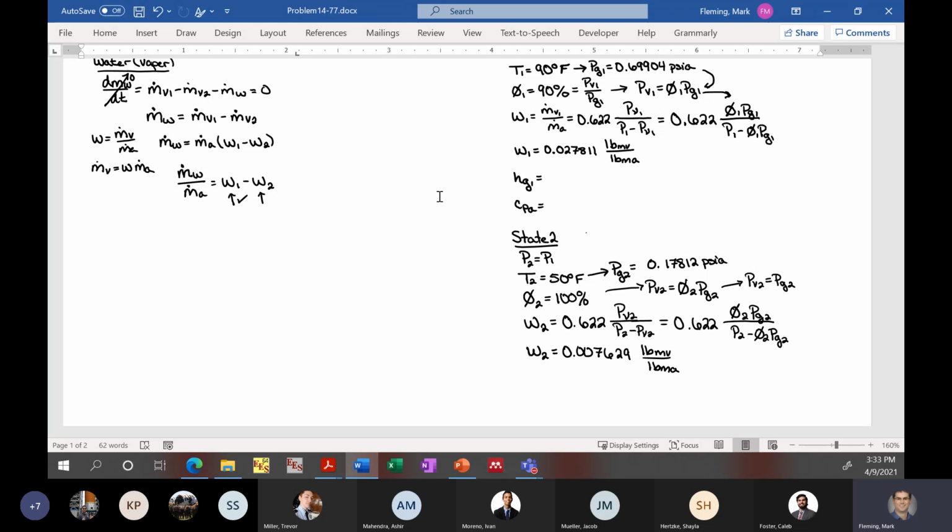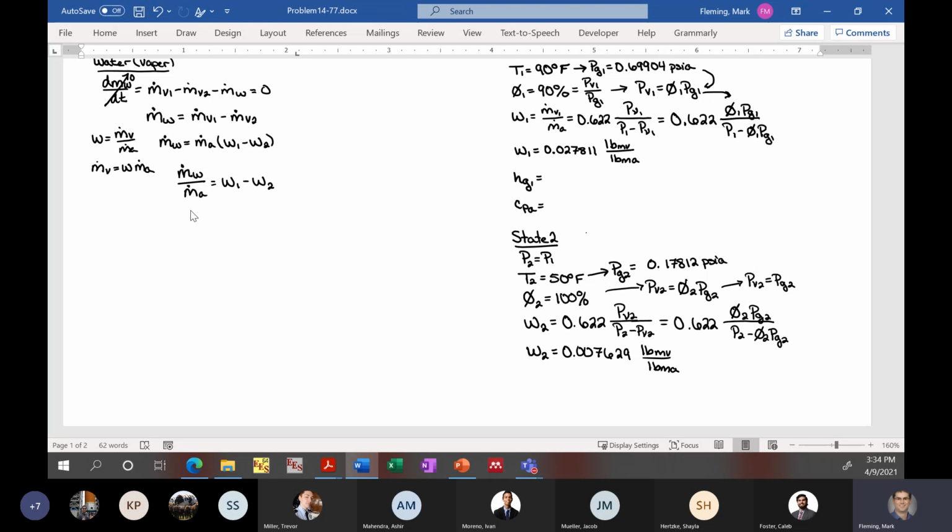And so there we go. We have humidity ratio 1 and humidity ratio 2, so we can check this off the list. We have both of these values, so we can calculate the answer to part 1. Again, this is just plug and chug.